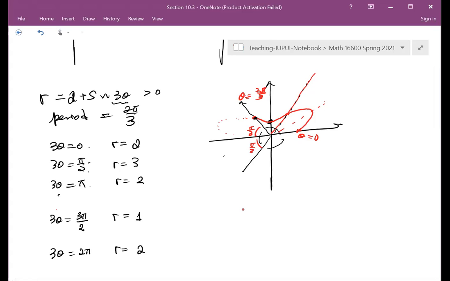And this will be pi over 6. So my picture here looks like that. So this is a high.